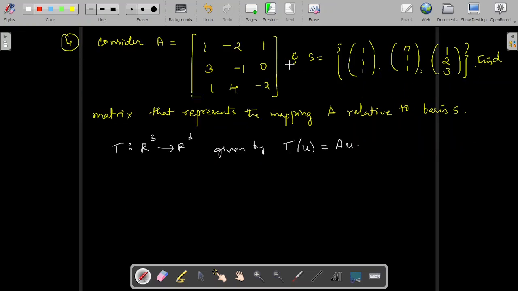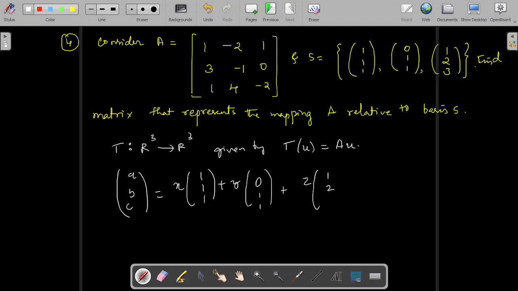Whenever a basis other than the standard basis is given, you have to first find the coordinates of a vector in R cube with respect to this basis. So take any vector from R cube, a, b, c. I have to find the coordinates of these vectors with respect to the basis. So how to do that? x into 1, 1, 1 plus y into 0, 1, 1 plus z into 1, 2, 3.